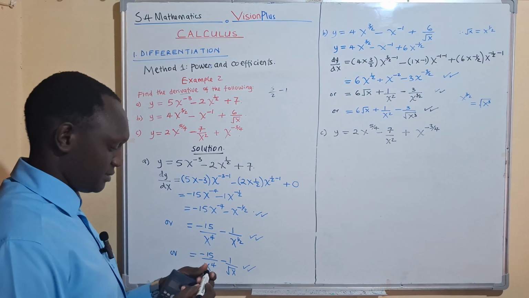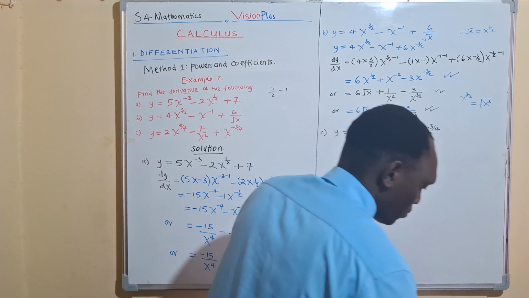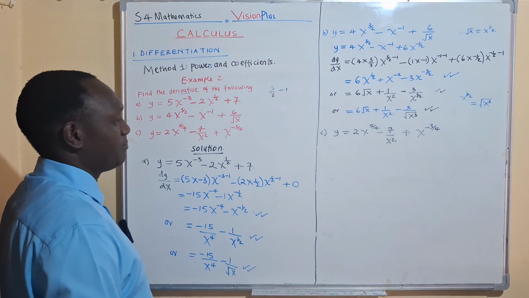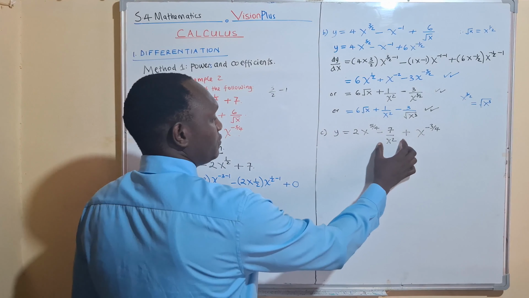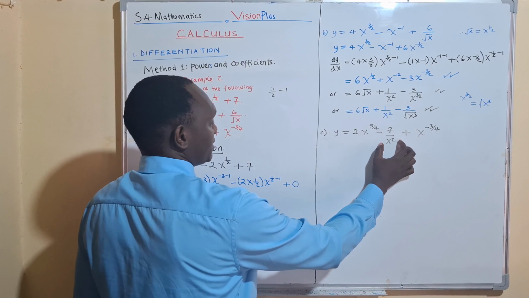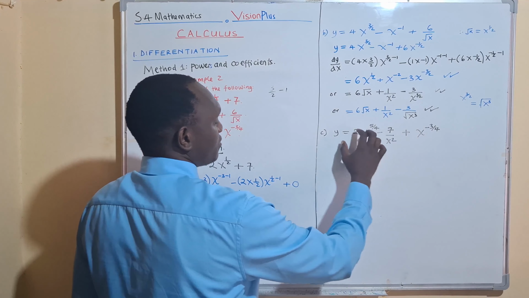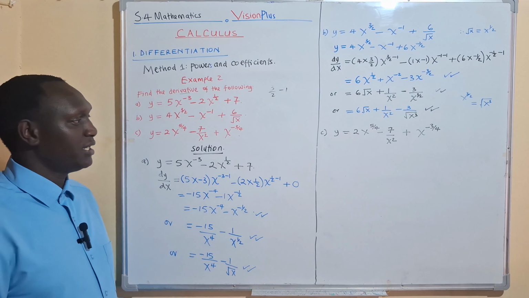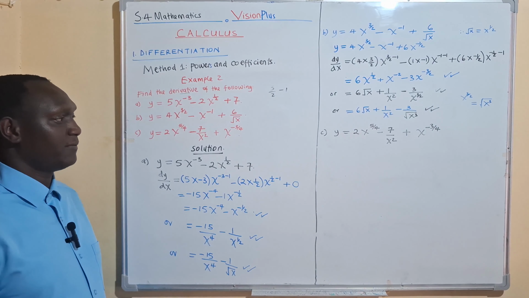That is part C. What do we need to ensure? We need to ensure that the variable x is on the numerator, just for us to be in position to differentiate quickly.